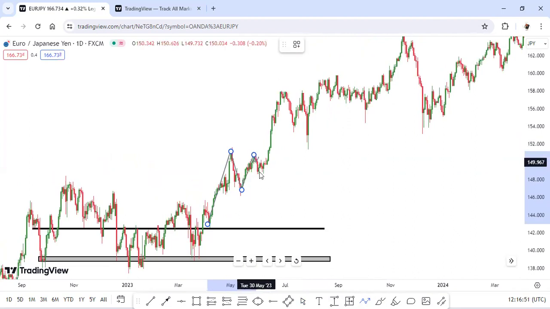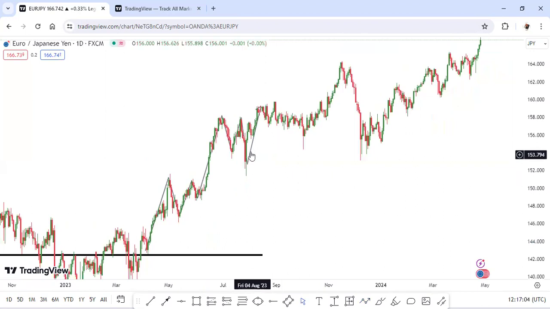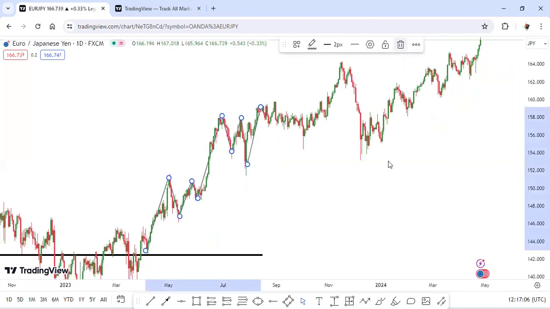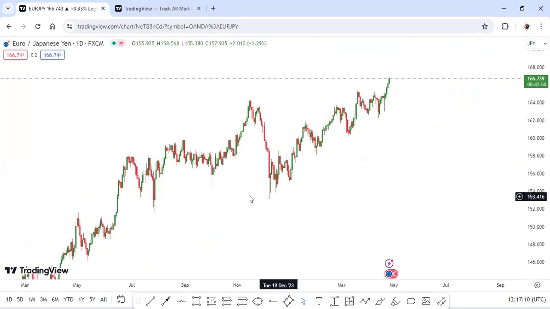It still came down, moved up again, came down, moved up again, came down. All of this, like I told you, I still consider as higher highs and higher lows, which means that we are still in a strong bullish market. The trend is still very much active.